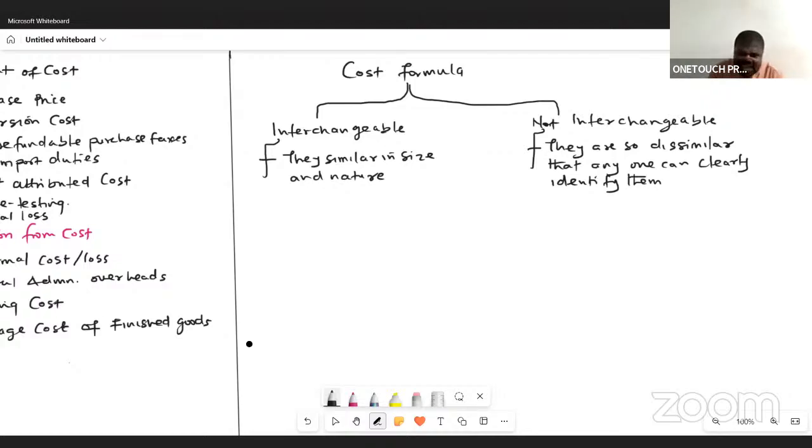So for the cost formula, if it is not interchangeable, we use what we call specific identification. Specific identification means that you go and identify the date that asset was acquired and the cost they acquired that particular asset for.